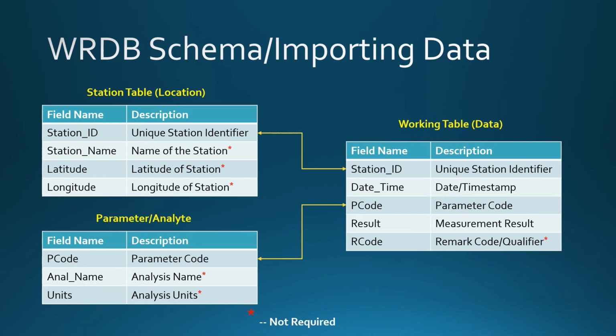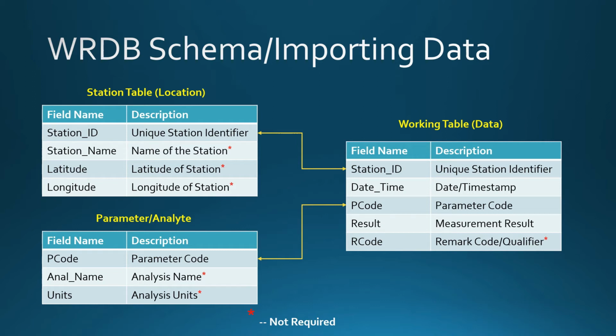All right, let me give you just a little bit of insight into the WRDB schema, because it's kind of important to understand this a little bit when you go to import data into it. There's a lot more relational things that go on in WRDB amongst multiple tables, but the three tables that I'm showing you here are the bare minimum you need to do to get data into WRDB.